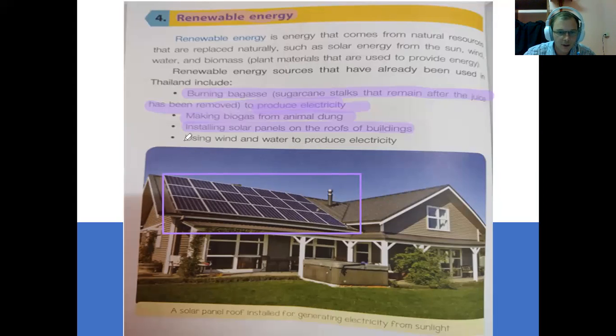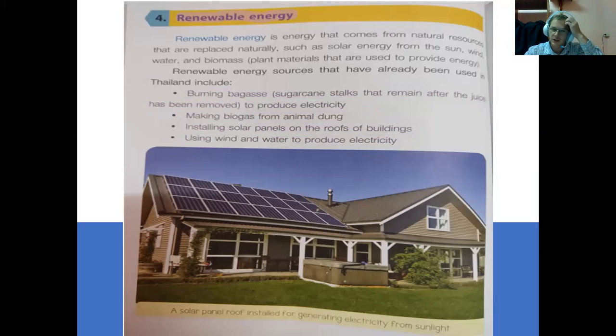Okay. We'll look a little bit more into renewable energy in the next lesson, but I just wanted to do a quick example and overview for you about what renewable energy is and how important it really is for our society. It is more important than ever.